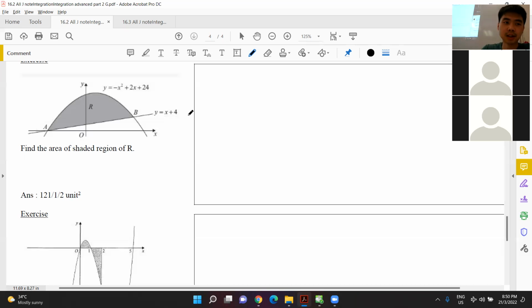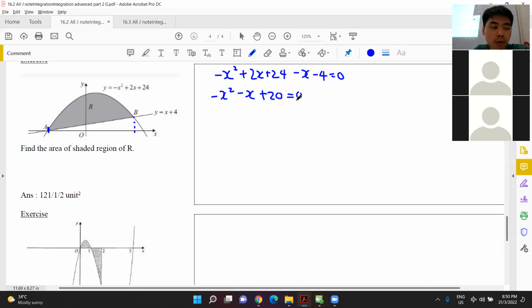Okay. Has everyone attempted this question already? Let's discuss. So in this case, again, you need to find your own limits, right? Then what you do is equate both the equations: negative x squared plus 2x plus 24 minus x minus 4 equals 0. Negative x squared plus x plus 20 equals 0.